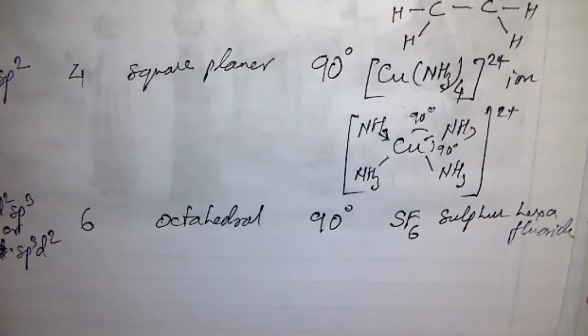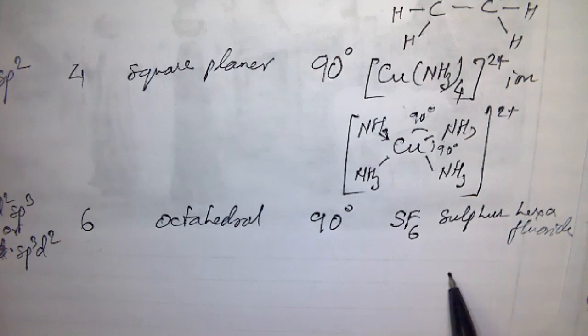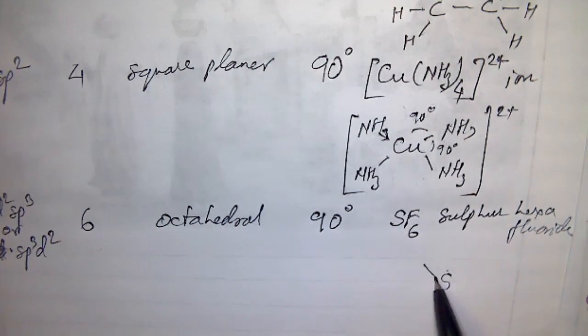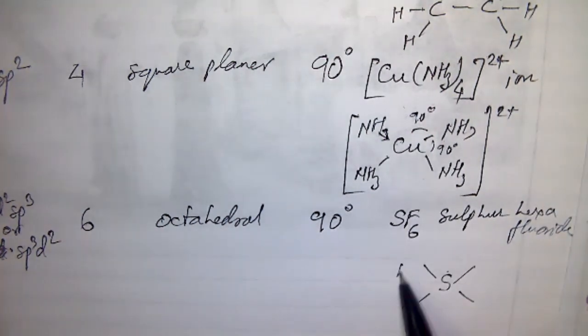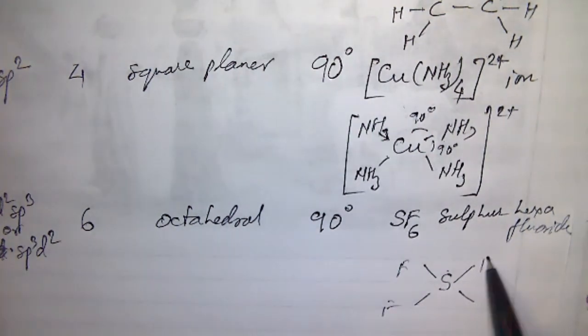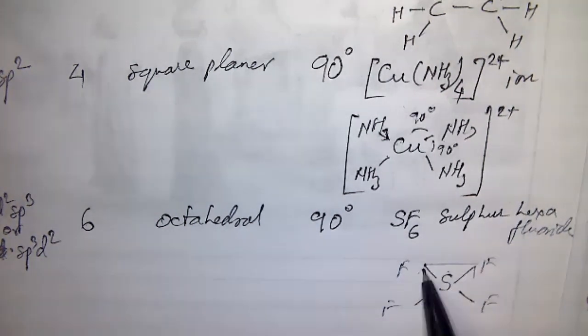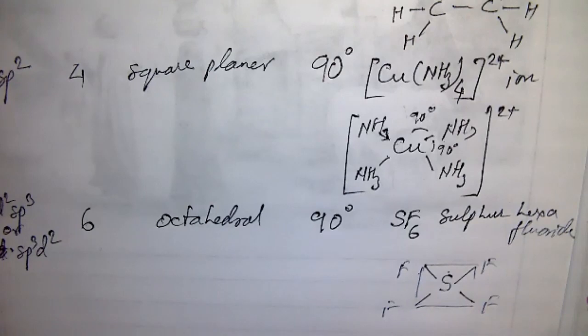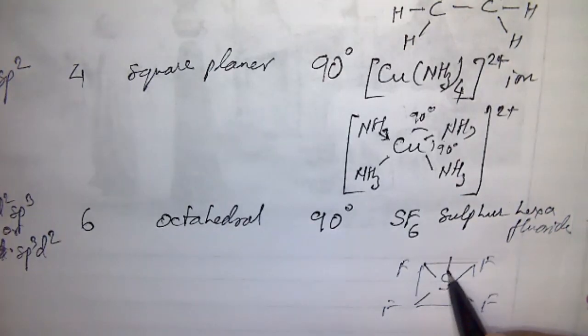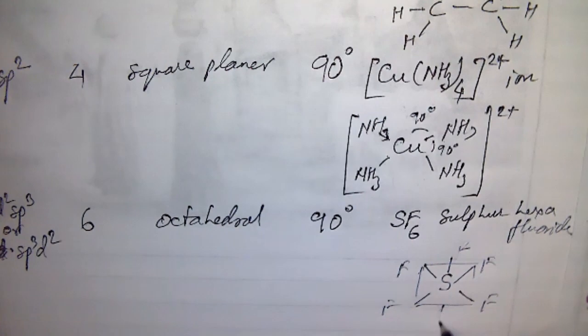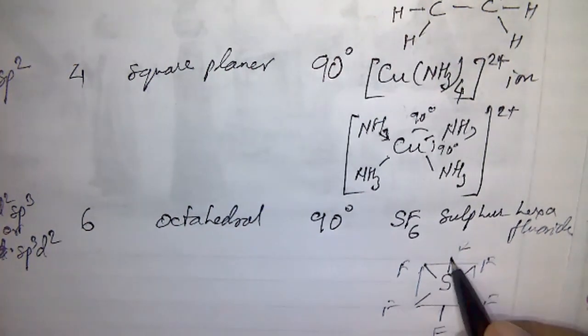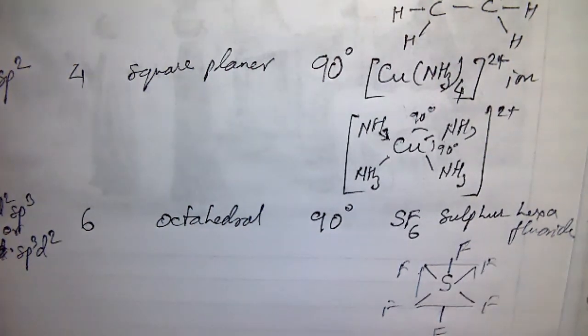So sulfur hexafluoride, if you take the structure, it is like this. S, there are 4 fluorines forming a square. If I join them, this is a square. Okay, and 1 fluorine just above and 1 fluorine just below the plane. So this is your example of SF6.